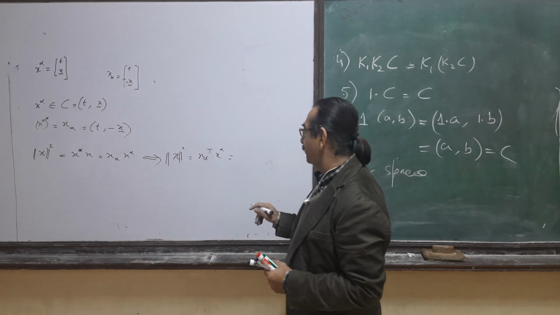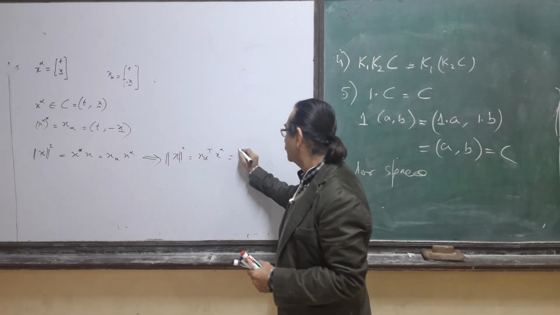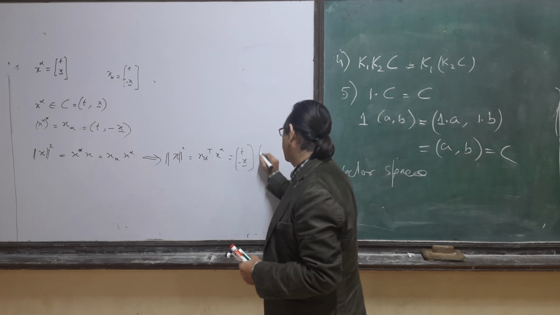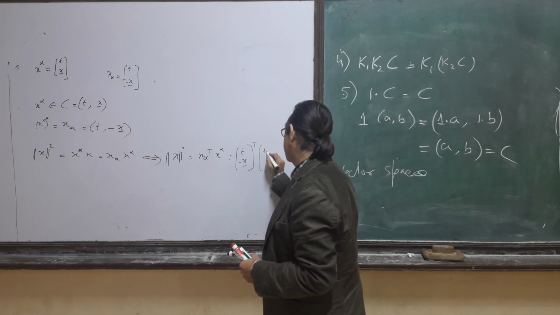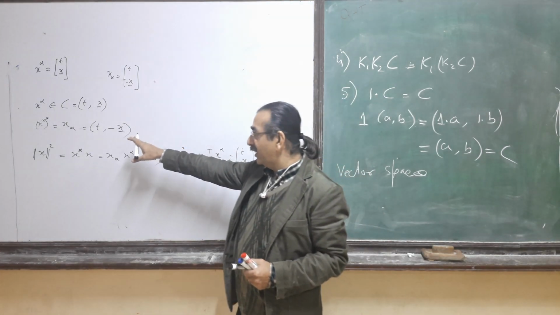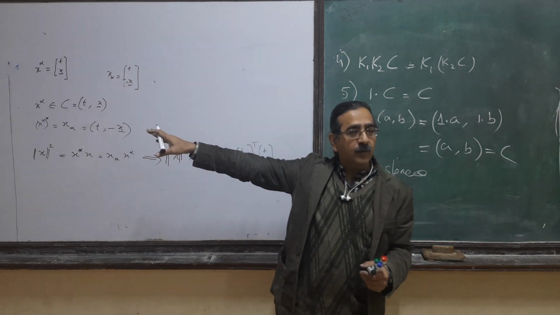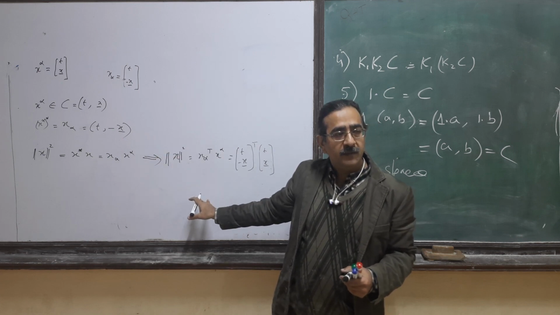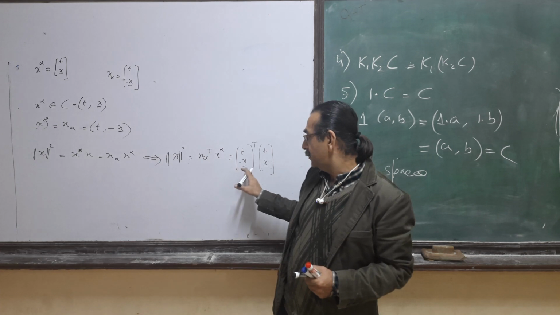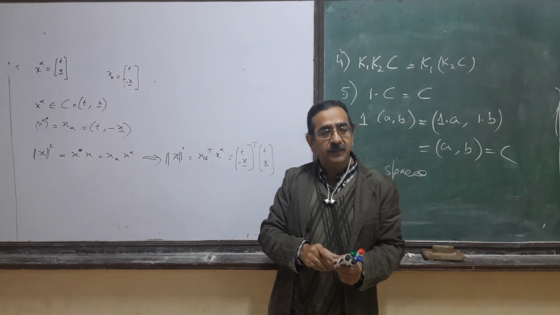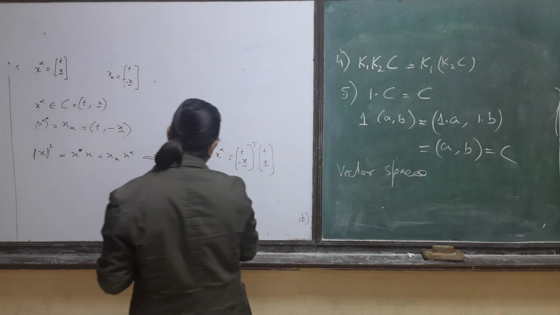We may write it as a simple complex number, or we may write it in the form of matrices. We usually write in the form of matrices.